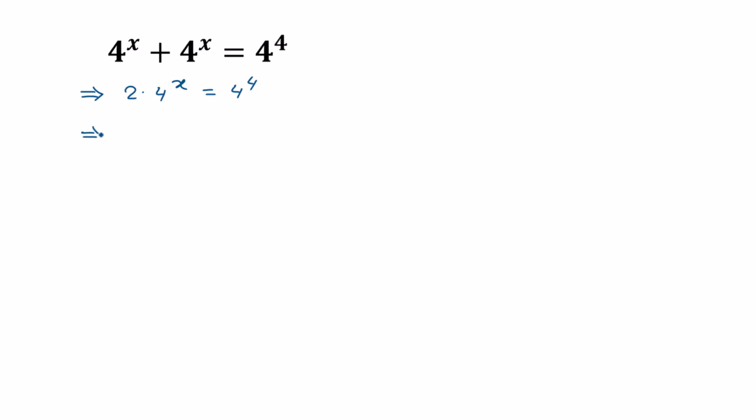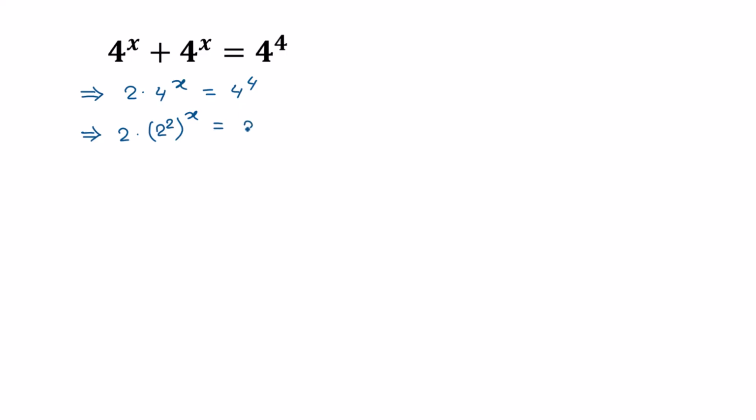This 2 times 4 to the power x, the 4 can be written as 2 squared, so (2 squared) to the power x is equal to this 4.